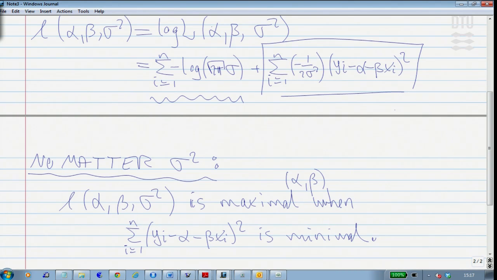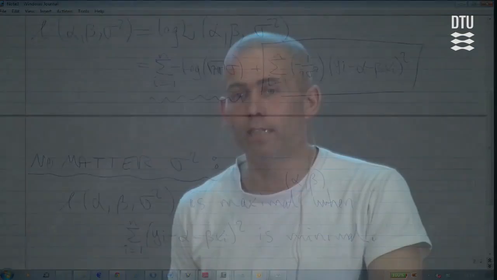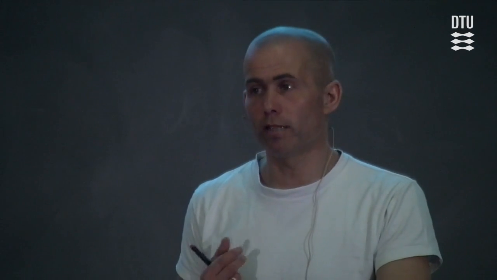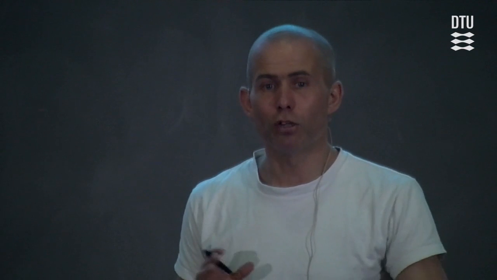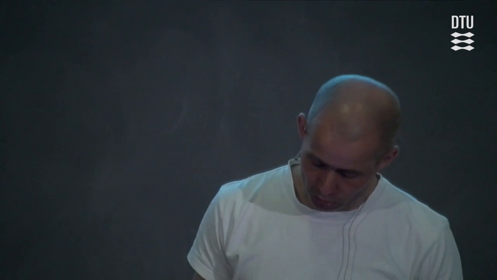So assuming the normal distribution implies that the maximum likelihood estimates of alpha and beta are exactly the least squares estimates of alpha and beta. So doing least squares corresponds to doing maximum likelihood based on the normal assumption. There's a nice connection between these two.